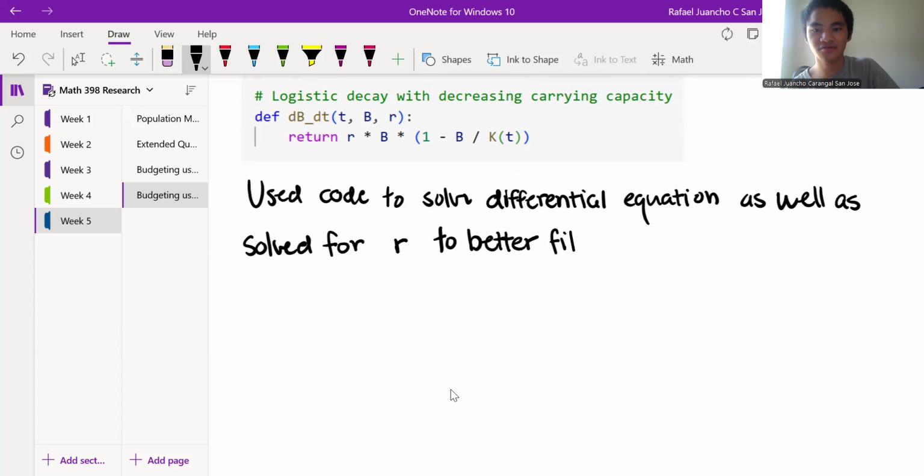So I used code to do both of the heavy lifting, I would say. So here, this is how it looks like.